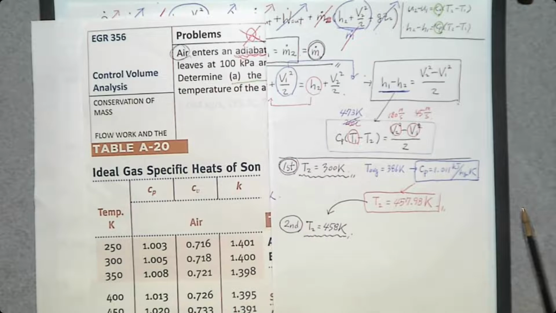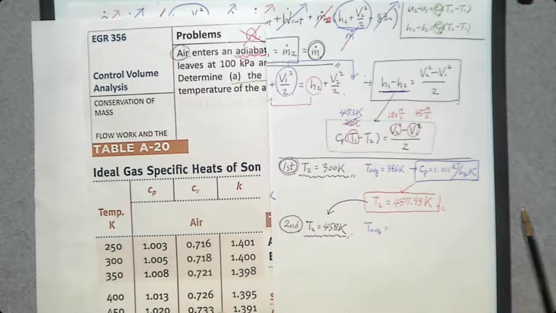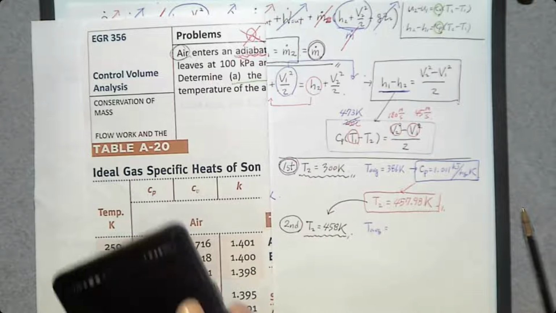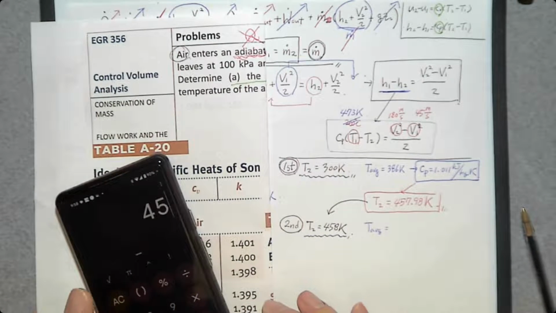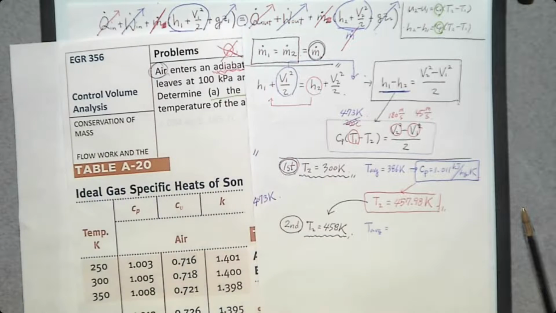Then what is the average temperature? 458 plus the inlet temperature, 473, divided by 2. We got 465.